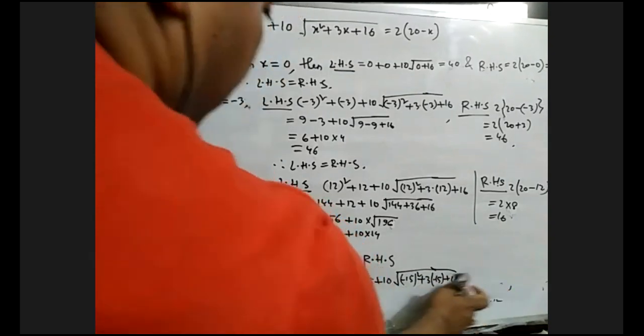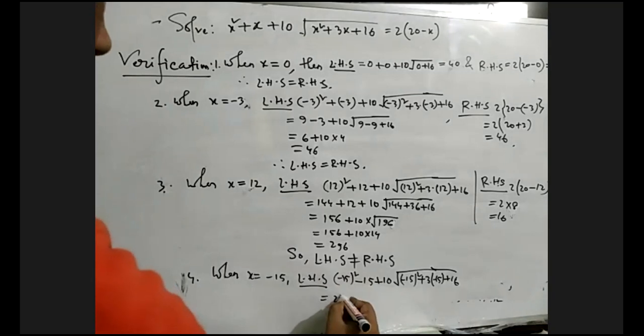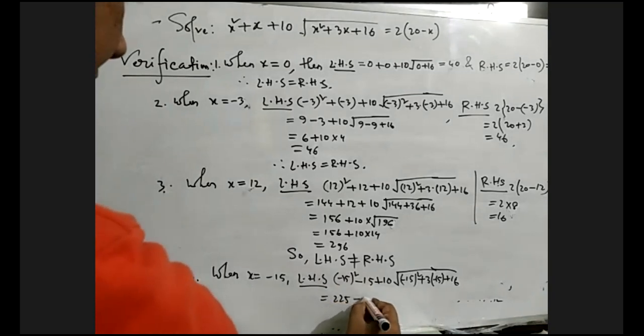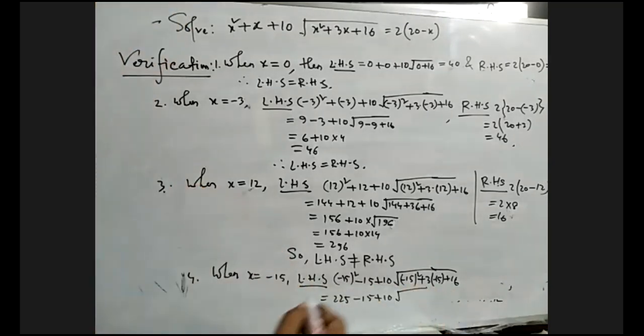Okay, so minus 15 whole square equals 225, right? 225 minus 15 plus 10 root over this, what will be?